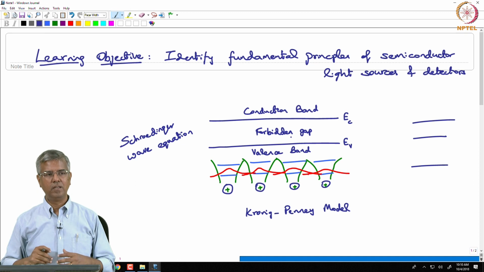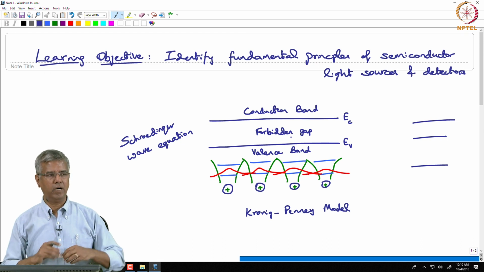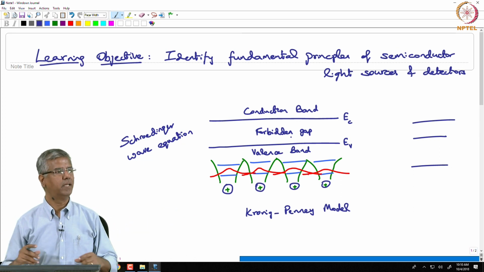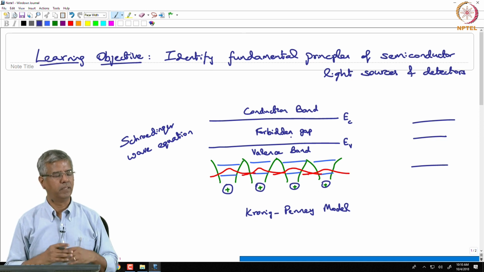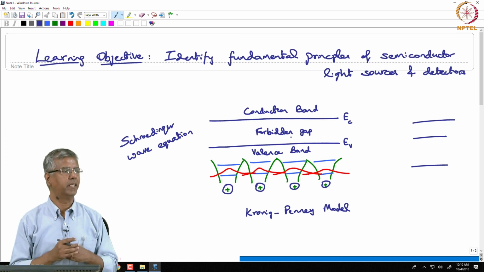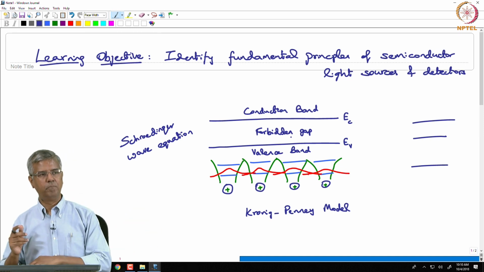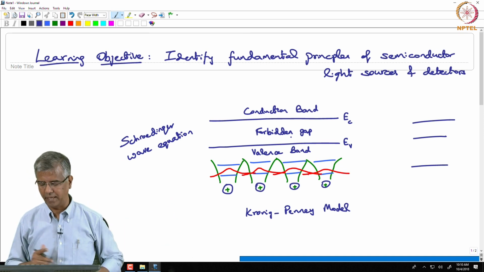It can either be bound to one of these potential wells, in which case, you know, it's in the valence band, or it's completely unbound and it's free to move around the lattice, which is the conduction band, and then there is a certain energy gap between the two, which is where the existence of electron is not possible in that material. You understand that? It's digital, it's either bound or unbound, and then in between there is a gap, okay.